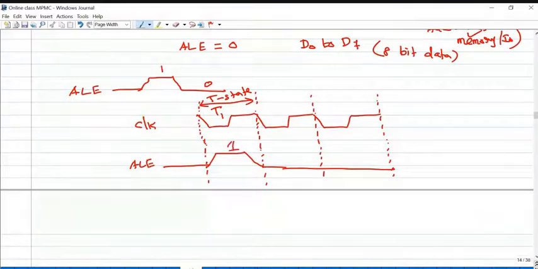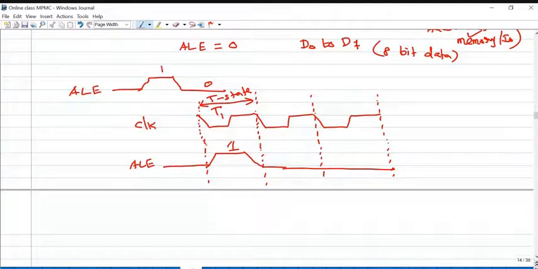Why? First, we need to identify the address. The program counter holds the 16-bit address of where the opcode is stored. That 16-bit address information has to be placed on A0 to A15 of the microprocessor address bus.